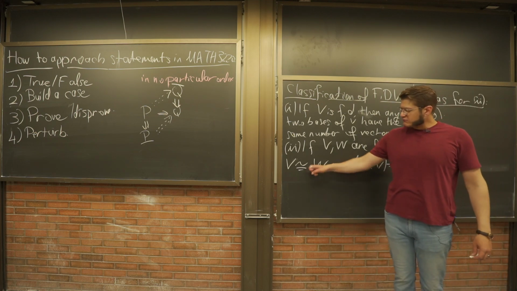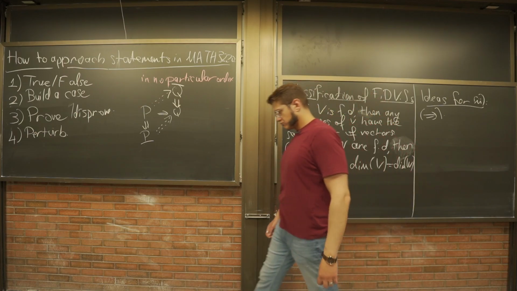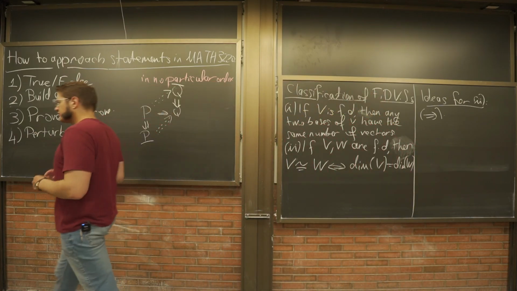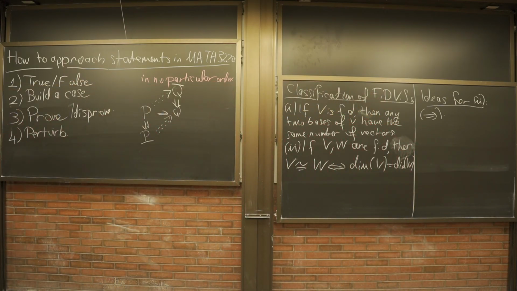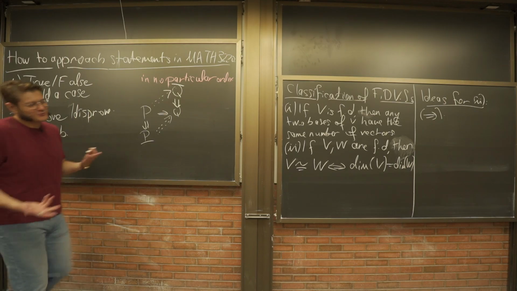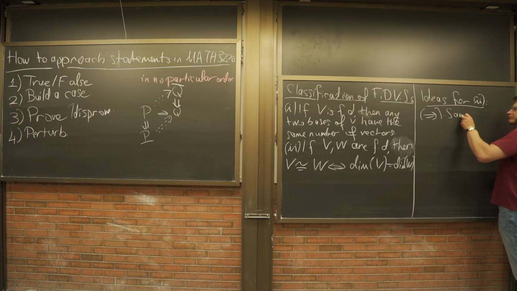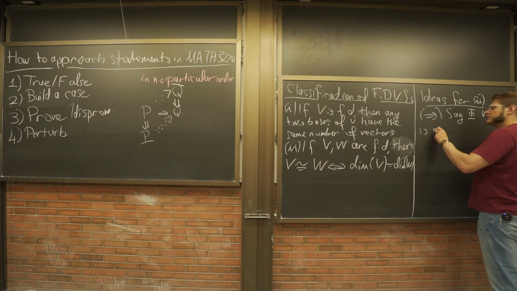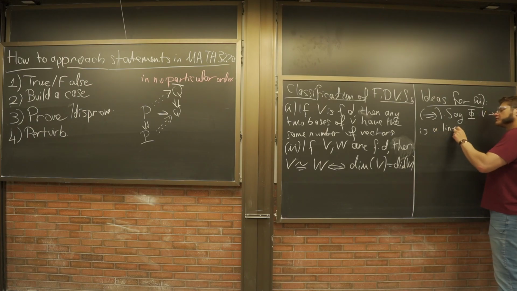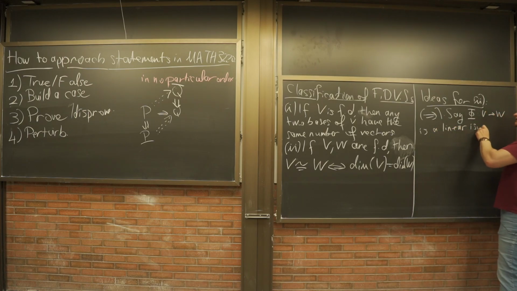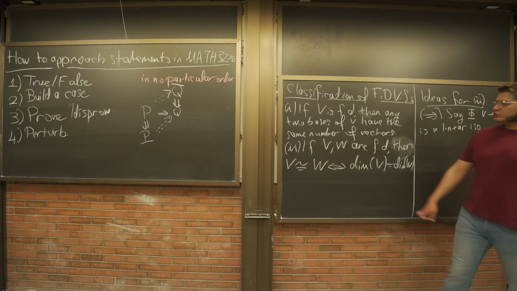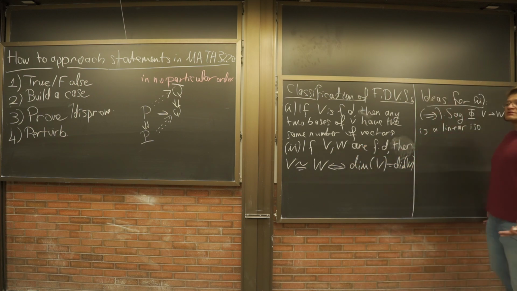So assuming that V is isomorphic to W, I look at the definition of what it means for vector spaces to be isomorphic. It says that there's an isomorphism, right? That's what the definition is. Say phi from V to W is a linear isomorphism. I know that V is finite dimensional. Let's take a basis.